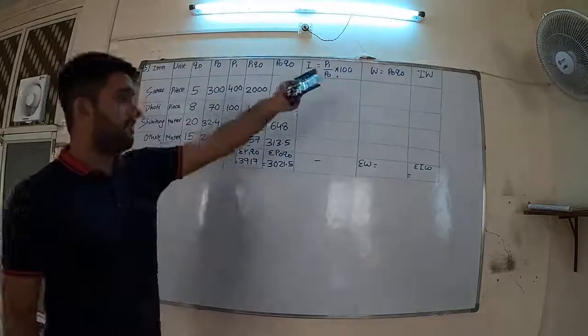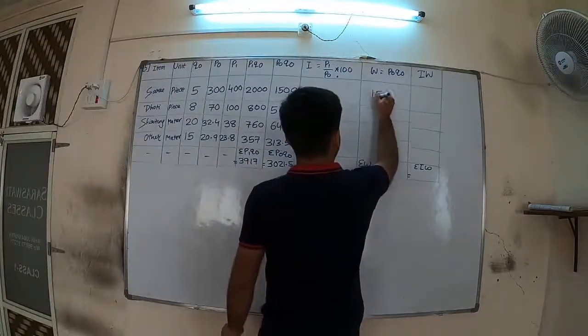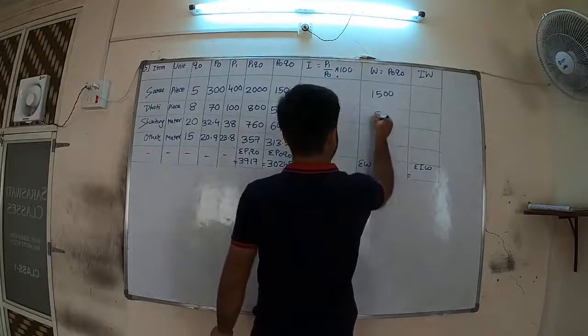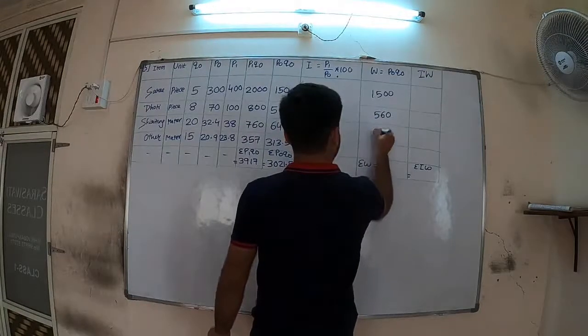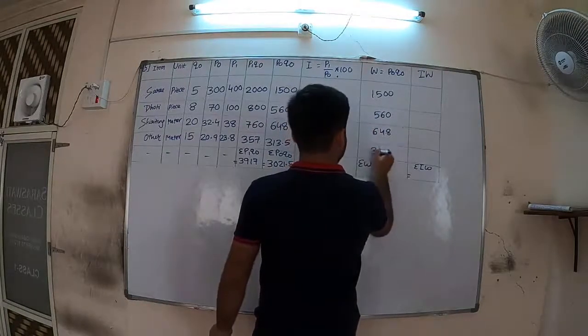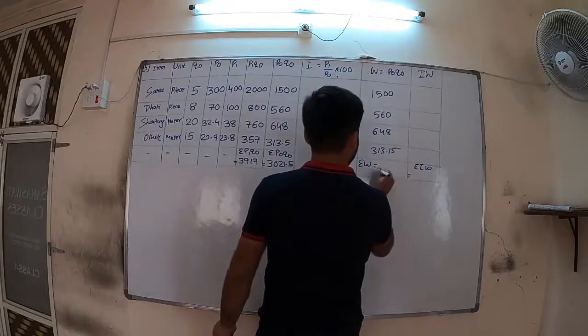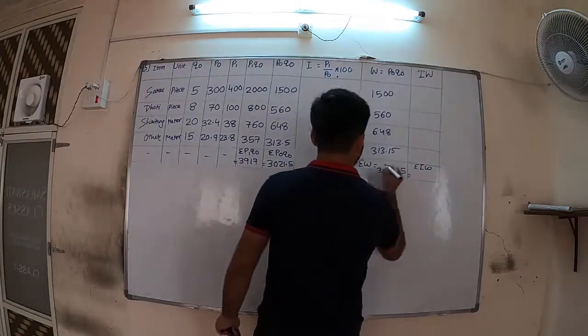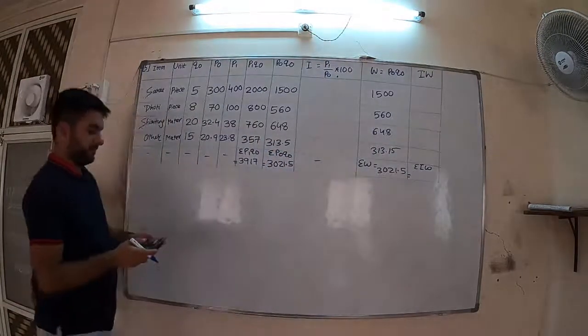Total 3021.5. Now we may copy this thing: 1500, 560, 648, 313.5, 3021.5.